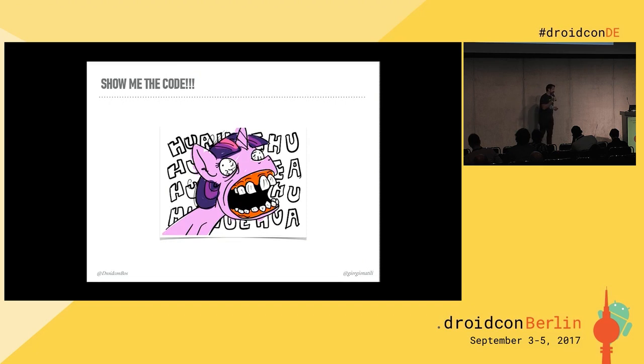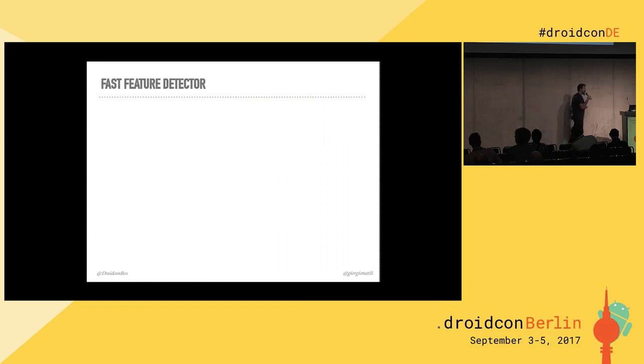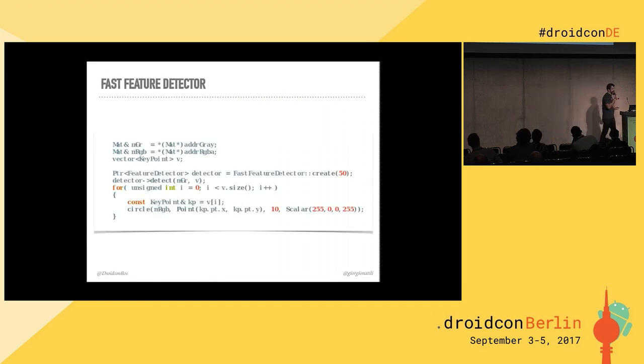Let's take a look at the code. The code to get a descriptor is exactly this one. I'm sorry, it's a little bit collapsed. We start by getting a couple of arguments in a function, which are the grayscale and RGB representation of an image, and we instantiate a feature detector.